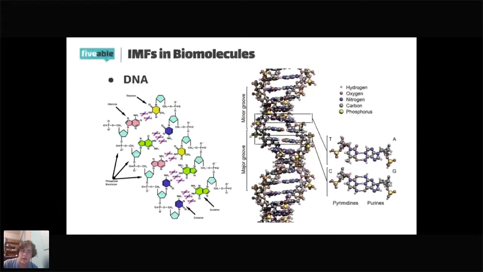So the big takeaway is that these are held together. Do you see that those phosphate backbones are polar? Or rather, they're not polar, but no, they are polar. Those phosphate backbones are polar because that oxygen is negative, and the phosphate is attracted to that negative oxygen.